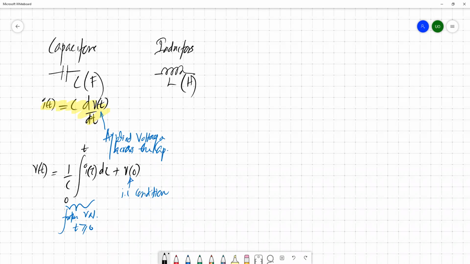For example, to evaluate the value at 1, v(1) is 1 over C times the integral from 0 to 1. You just integrate the current, then add the voltage at t equals 0. This is the voltage at t equals 0, and then you add the integral part. It gives the value at t equals 1.